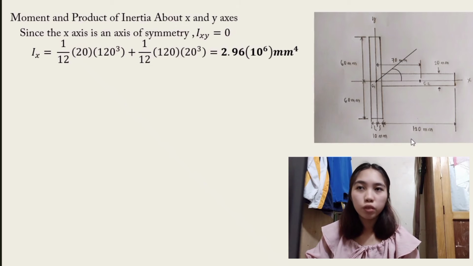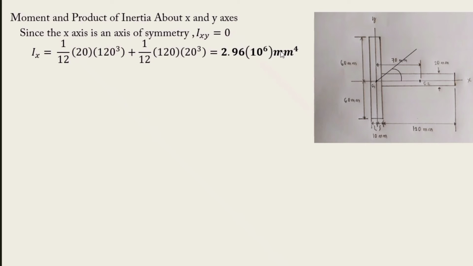The first segment, which is C1, is 1 over 12 times 20, which is the thickness of the beam, times the height, which is 120 millimeter, cubed, plus the segment 2, which is the C2. So 1 over 12 times 120, you base it on the second segment, 120 times the cube of the height, which is this, so 20 cubed.